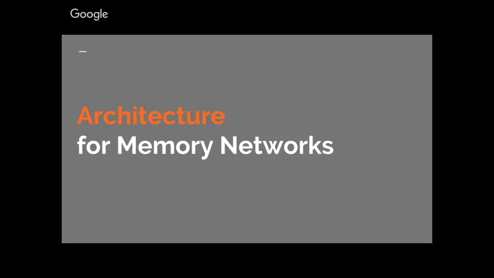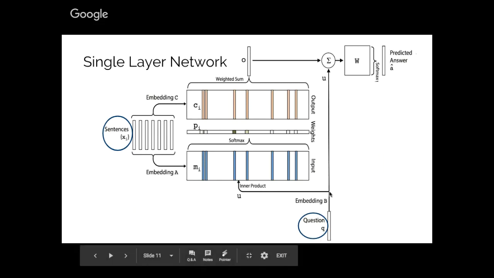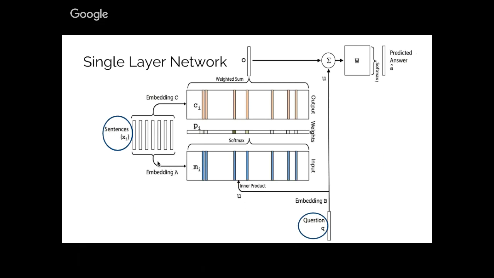Now we're moving to the actual architecture implementation of the memory networks. We have these sentences, which act as the input, and two embeddings come out of it: embedding A and embedding C. Whatever your question is, the question will formulate the embedding B, alongside all the sentences coming from embedding A, and there is an inner product between the questions and the sentences.